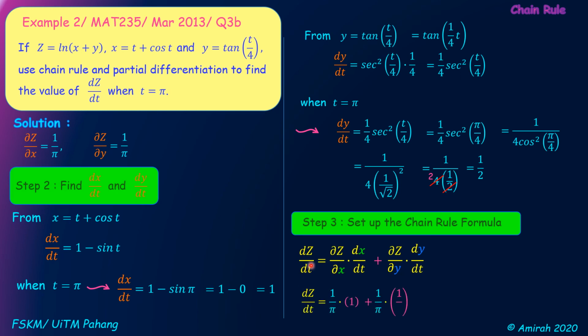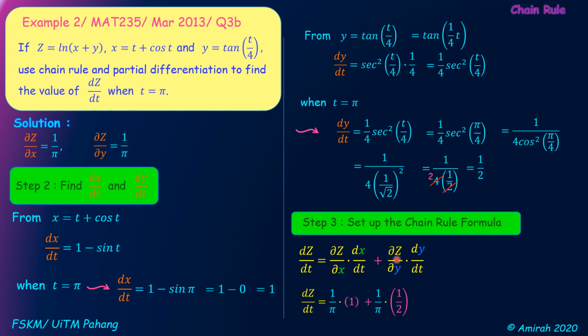Then dz/dt equals, we replace ∂z/∂x equals 1 over pi, and then times dx/dt, which equals 1. So we replace here.